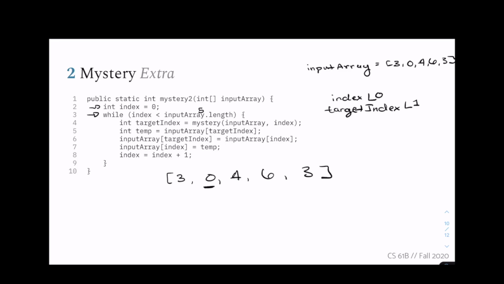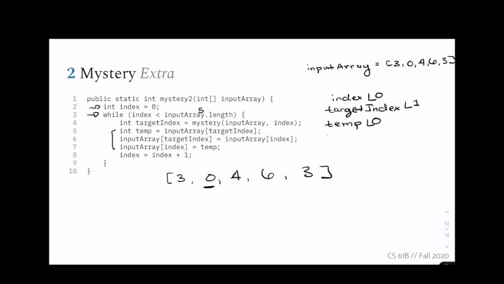So we have our target index, and what we do in these 3 lines is essentially swap the value of the array at the current index with the value of the array at the target index. So we set temp to be equal to 0, so we don't lose it when we swap.